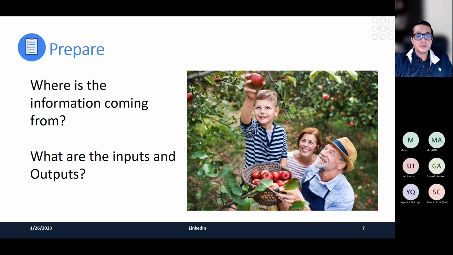The other thing we have to do to prepare is to identify the inputs and the outputs. Every process, regardless of whether it's a service or a physical product, has inputs and outputs. It could be heat, temperature, pressure. It could be idle times. It could be number of calls on wait.